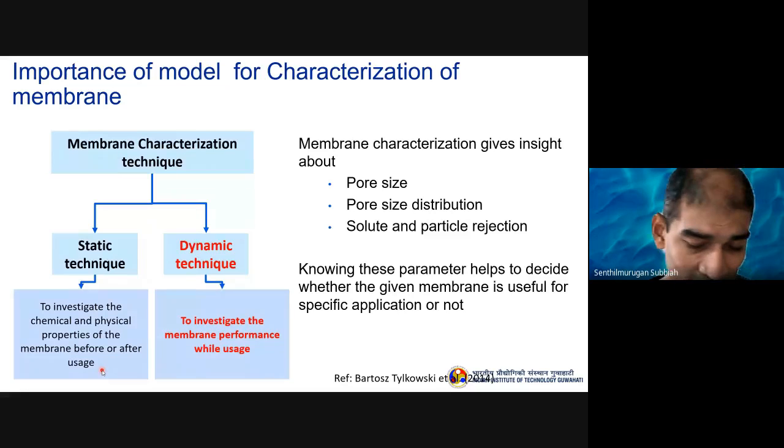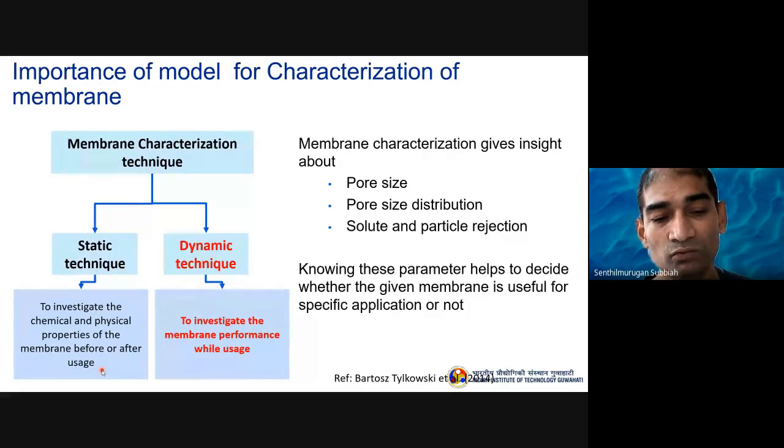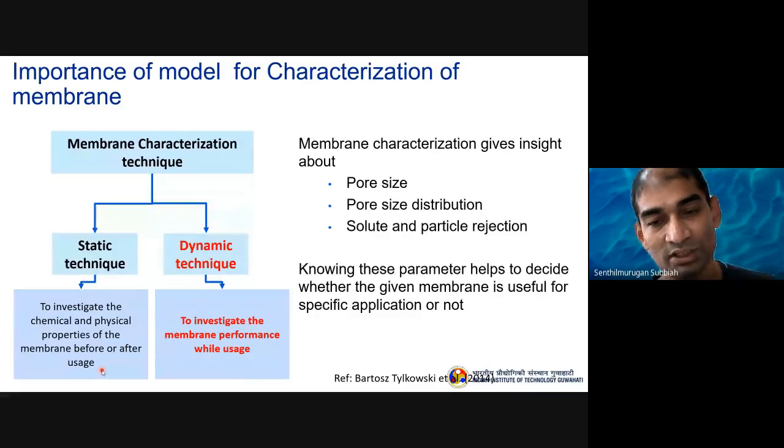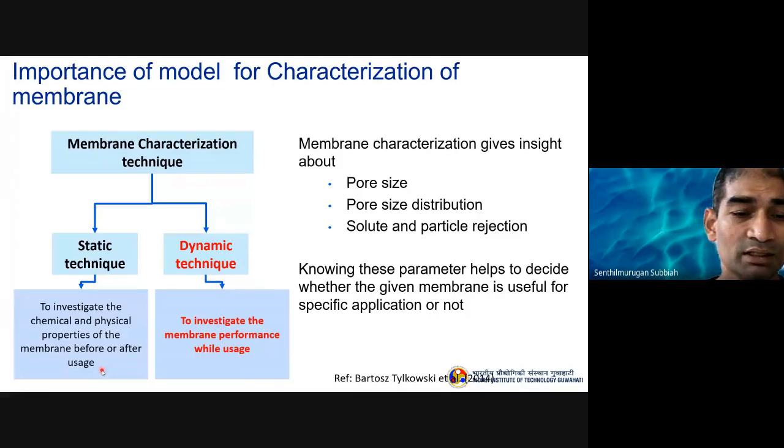So from the pressure, flow, and flux measurements, we will be able to characterize the membrane health or membrane performance in terms of how the permeability is reducing, how the salt rejection is reducing. These are the critical parameters that will help us.